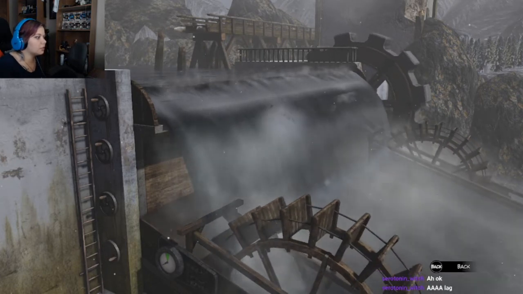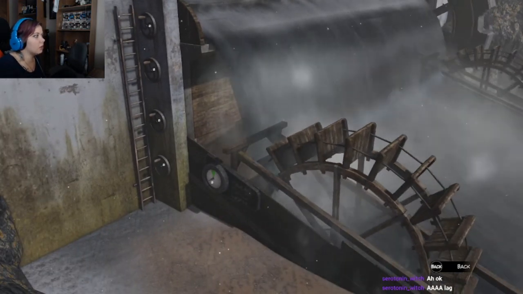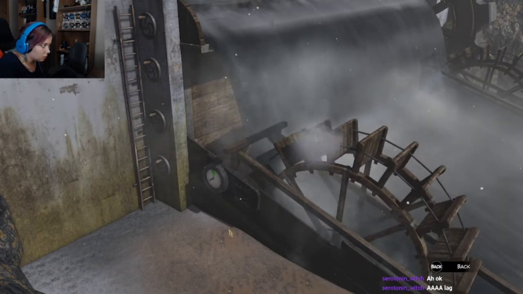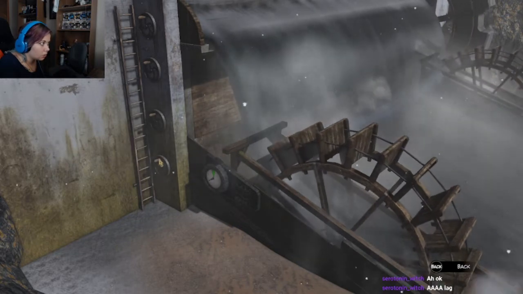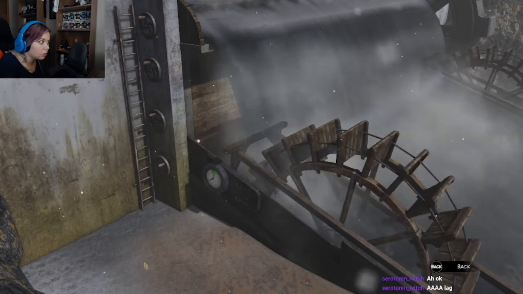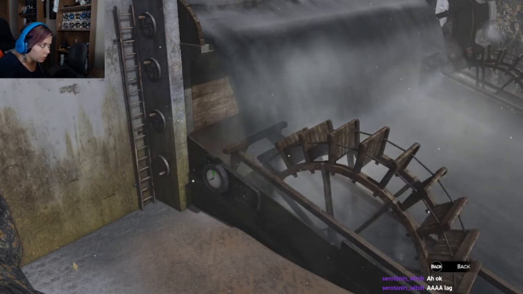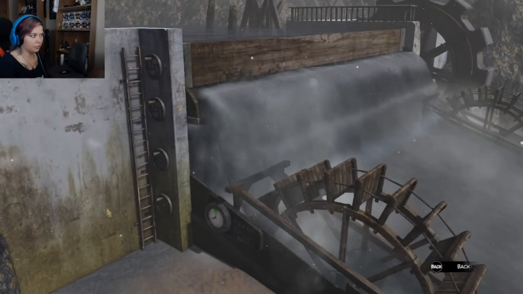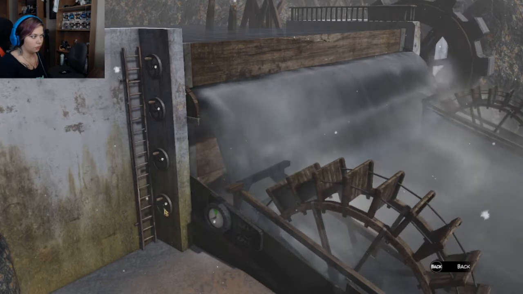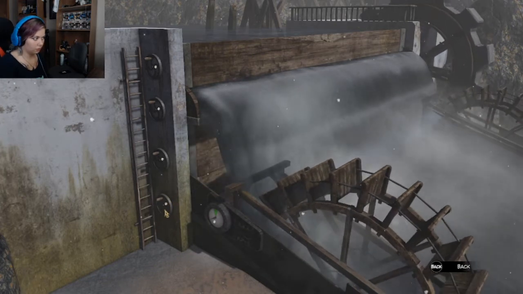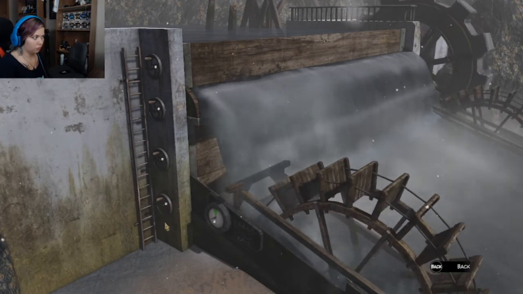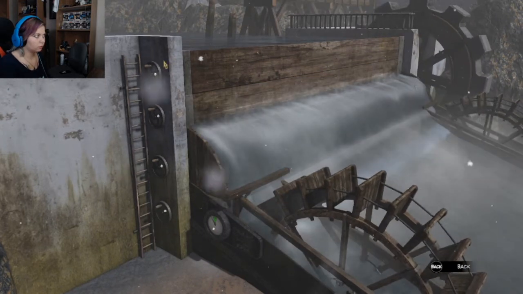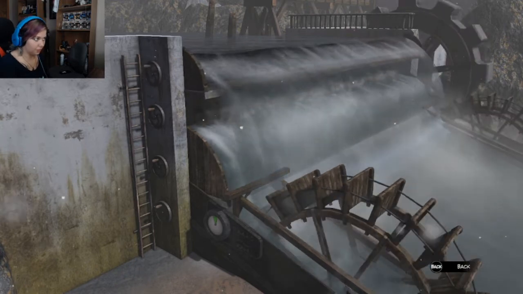Okay, believe it or not, spinning something in this game is a lot harder than it looks. Come on. Come on. Maybe it's because I wasn't spinning it fast enough. Come on. I have to get it perfectly to filter the water.